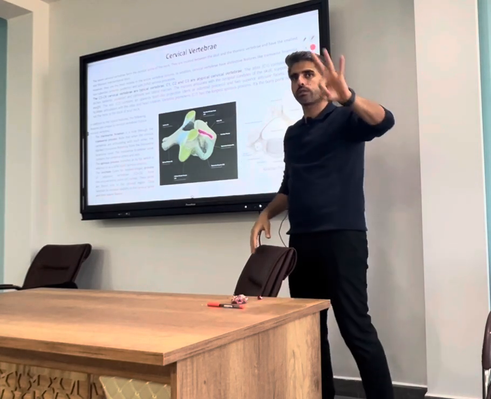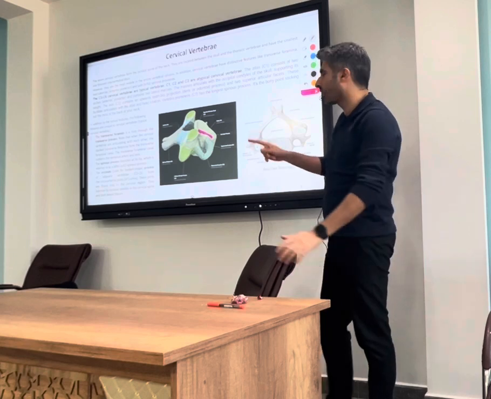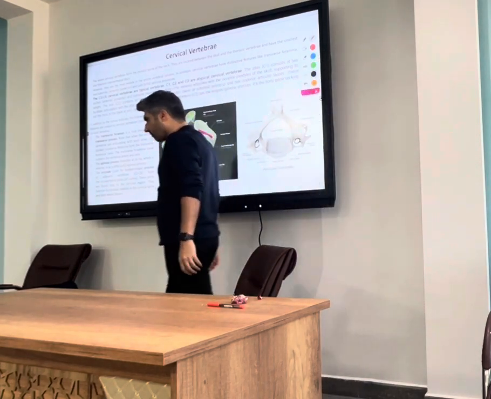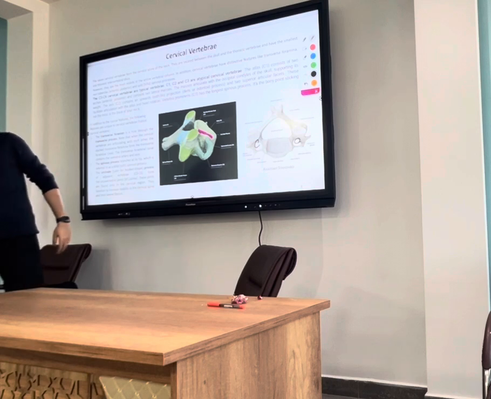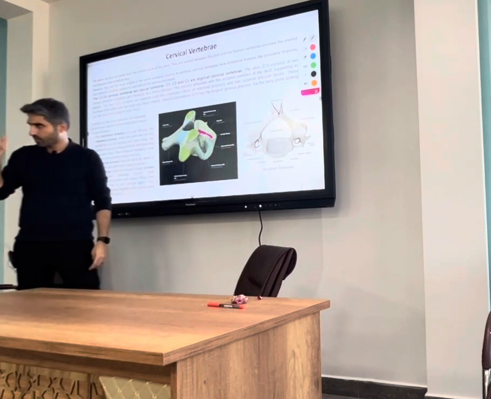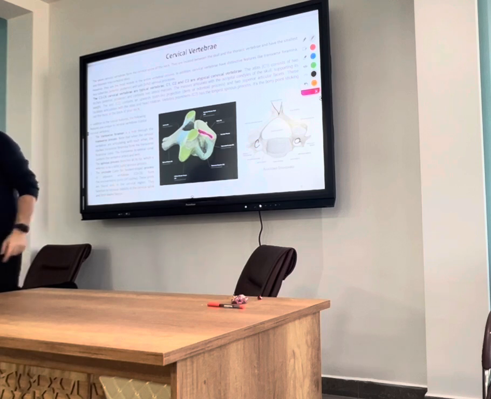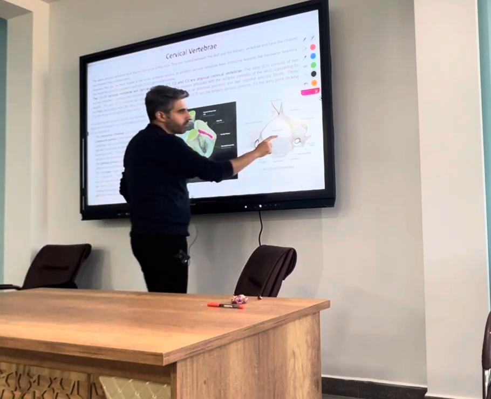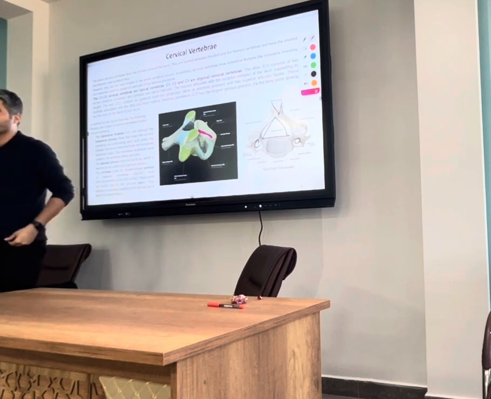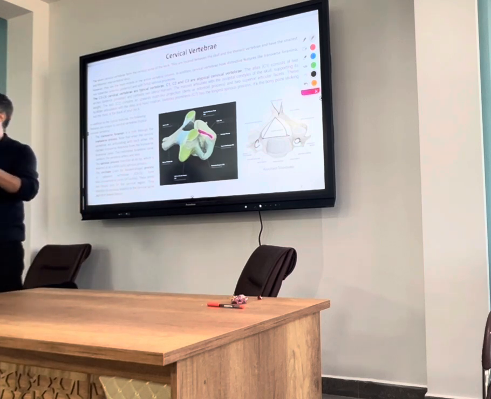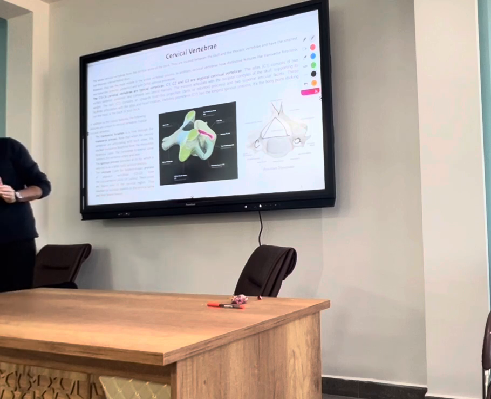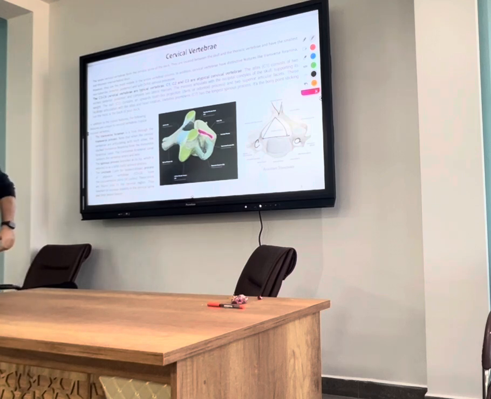So we have 3 points for the cervical region. 1, foramen in the transverse process. 2, the spinous process is bifid, has 2 parts. And 3, the vertebral foramen has a triangular shape. So this is a normal cervical vertebra.